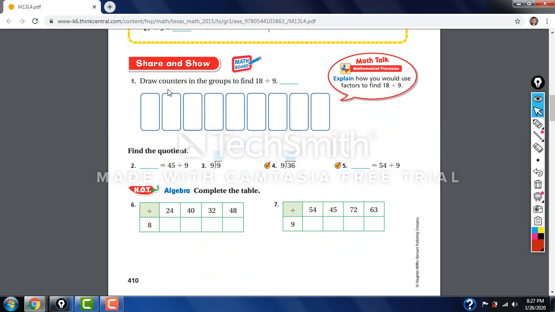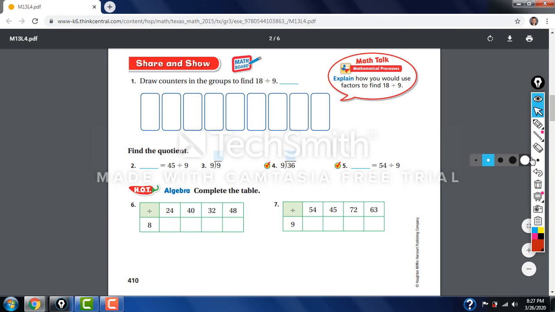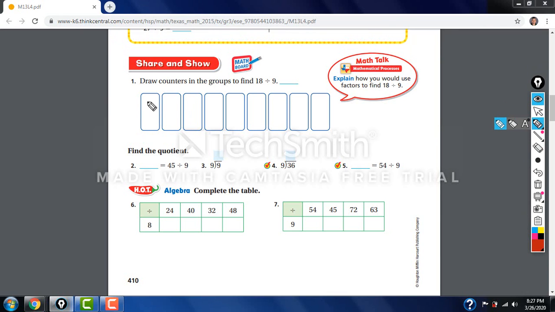Draw counters in the groups to find 18 divided by 9. Here are your 9 groups: 1, 2, 3, 4, 5, 6, 7, 8, 9. That's this number. And just like we did it before, let's keep going: 1, 2, 3, 4, 5, 6, 7, 8, 9, 10, 11, 12, 13, 14, 15, 16, 17, 18.